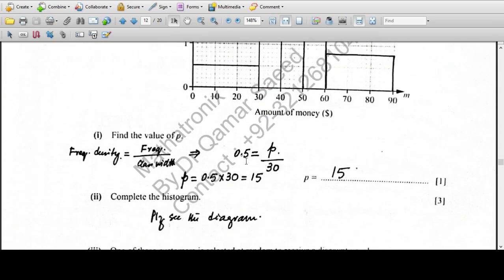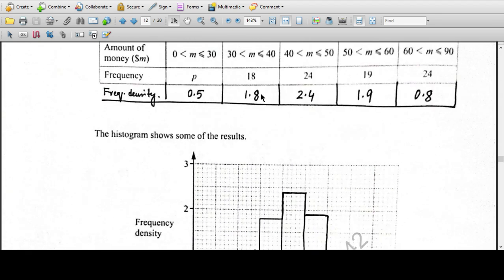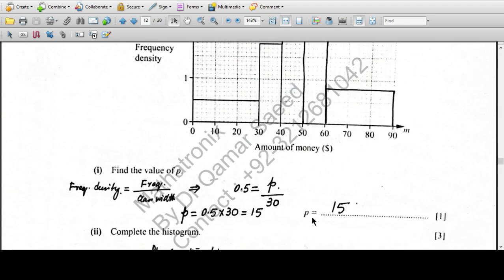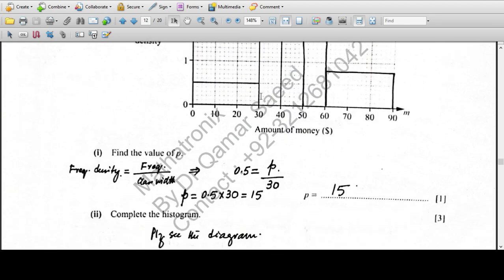So P divided by 30 is 0.5, so P is equal to 15. This P equals 15 is obtained because of this histogram.